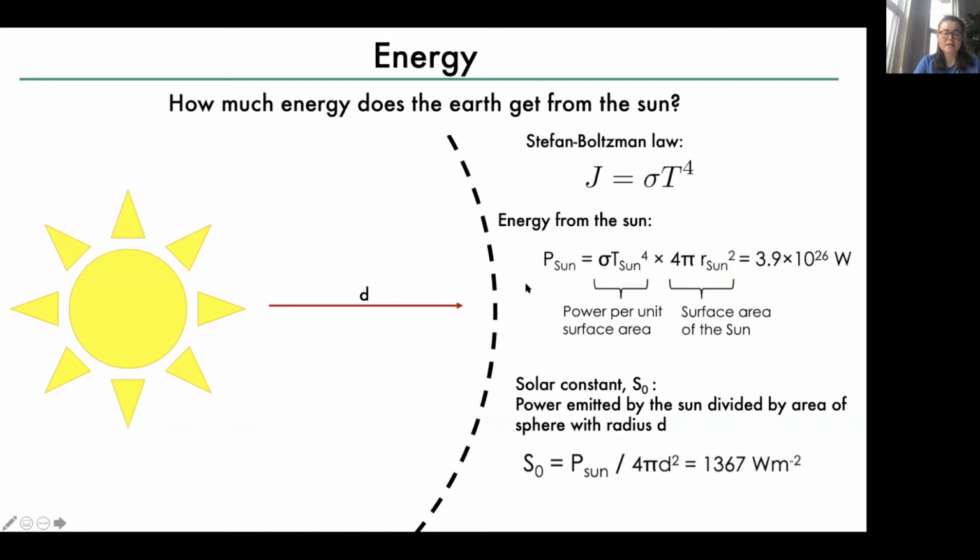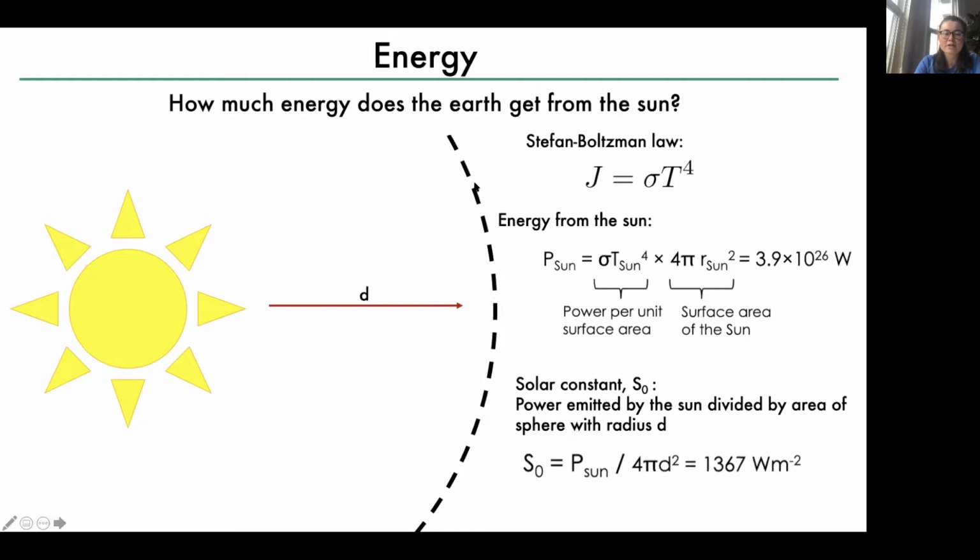And then the next step is that, so that's good that we know the power coming from the sun, but the Earth is not right on the surface or right next to the sun, right? The Earth is a certain distance away from the sun. And so as we get farther away from the sun, the power coming off of the sun is being spread out over a greater amount of area.